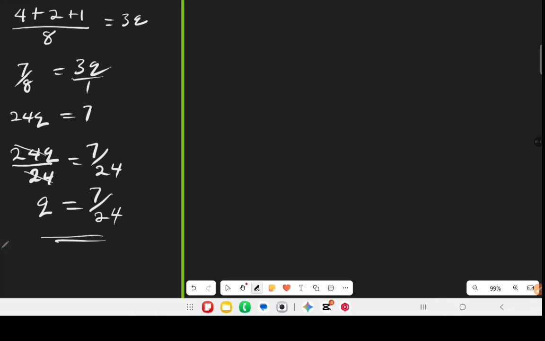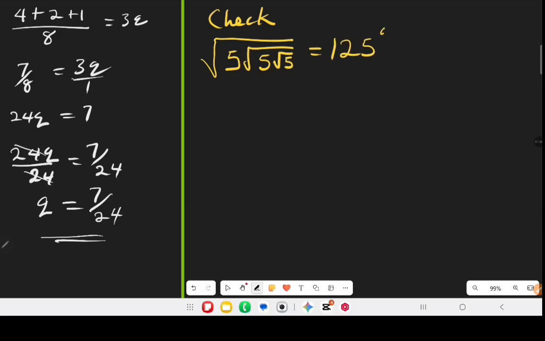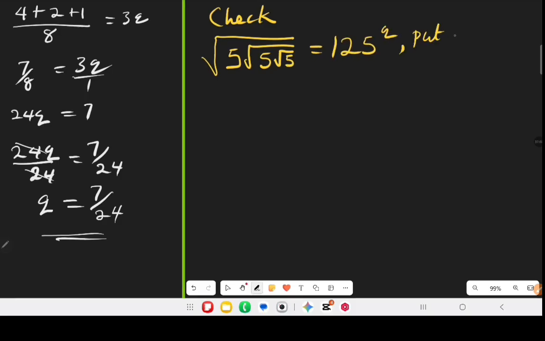Now we want to check if our answer is correct. We write check. We write the original equation, which is root of 5, root of 5, root of 5, equal to 125 raised to the power of q. We put q equal to 7 all over 24. Now we have root of 5, root of 5, root of 5.